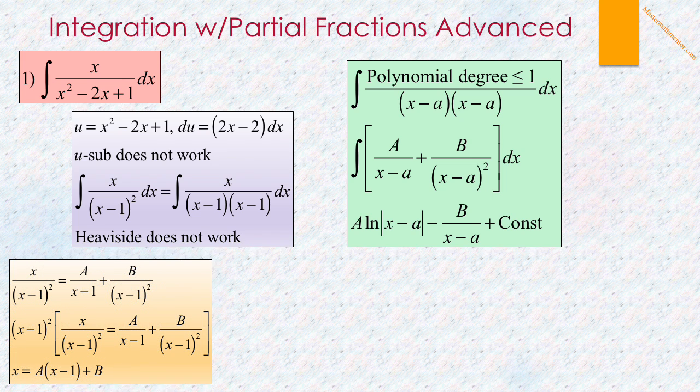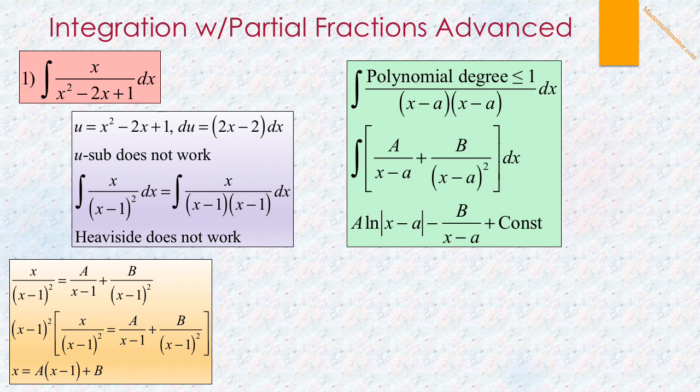So let's create the partial fractions. We write x over x minus 1 squared as A over x minus 1 plus B over x minus 1 squared. The trick of this is to multiply out by the highest power of our x minus 1, which is x minus 1 squared.